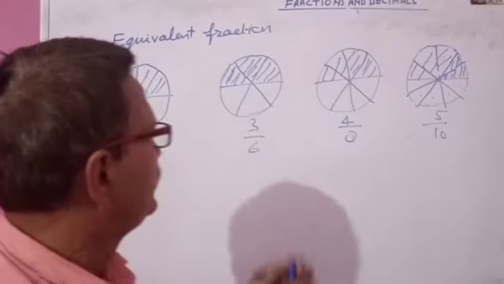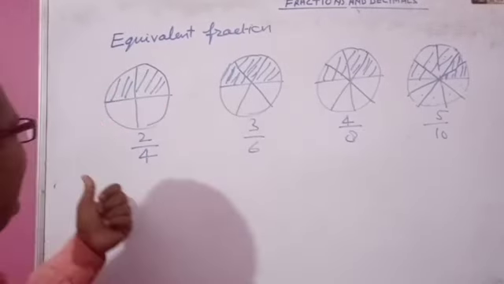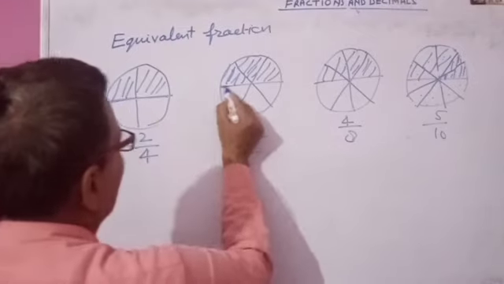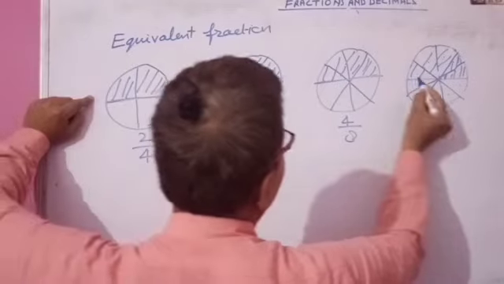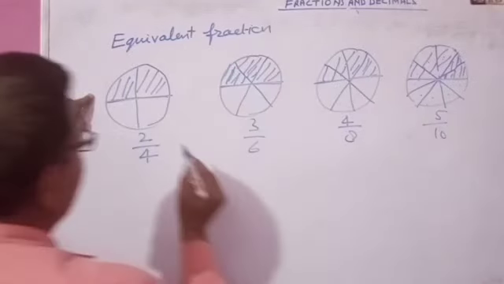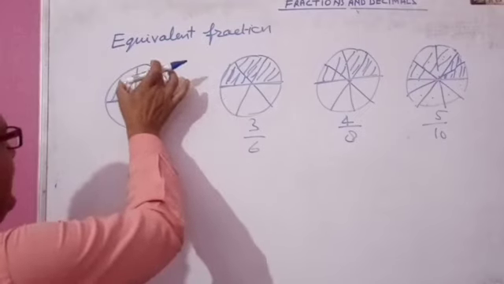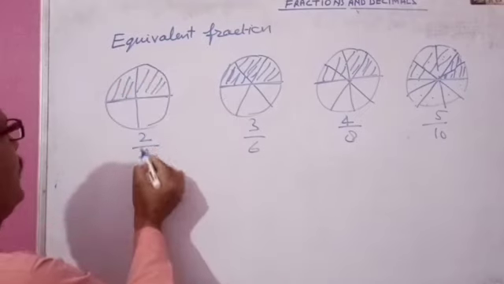You are seeing that all are half a chapati. This is also half a chapati. Out of 4 parts, 2 parts are taken, so 2 upon 4.